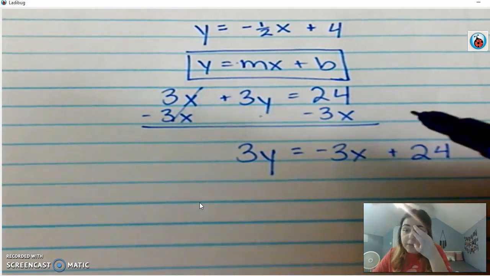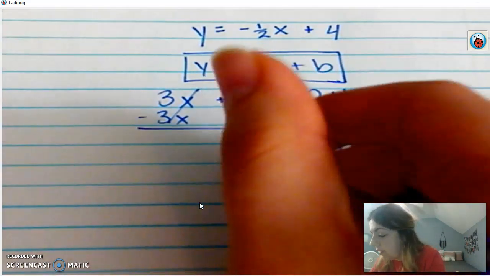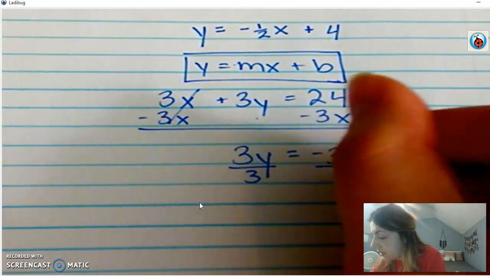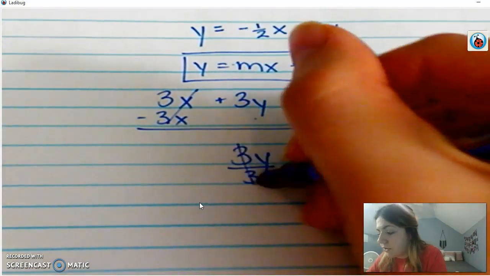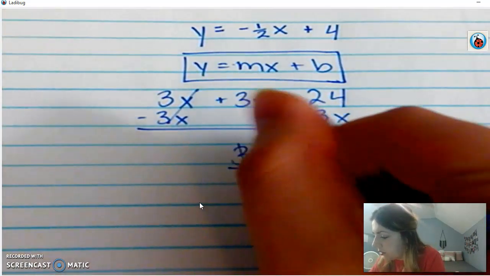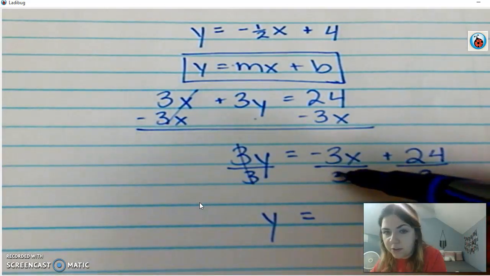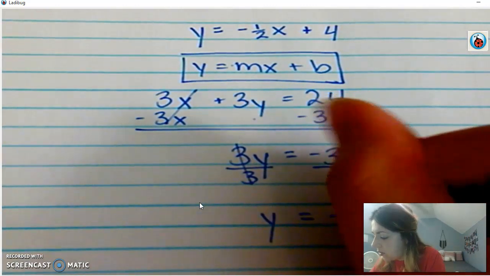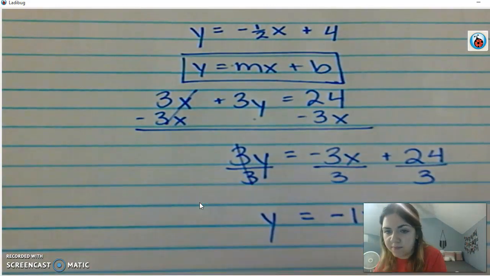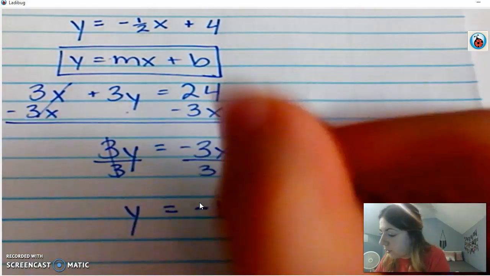Okay, just like before, that y has to be all by itself, so I have to divide by 3, divide by 3, divide by 3. Those 3's cancel out, I'm left with y equals negative 3 over 3 is negative 1. So that's just negative 1x. And then 24 divided by 3 is 8.